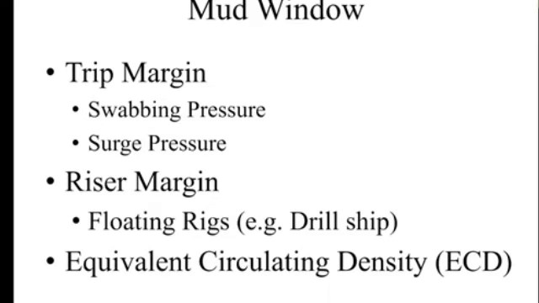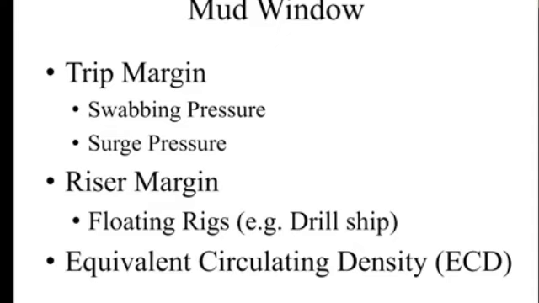And you guys know that the pressure drop due to friction is a function of the rheological properties of the fluid. We are dealing with Bingham plastic, so it should be plastic viscosity and yield point. It is also a function of the speed of the fluid, so V, how fast or how slow we trip in or out.